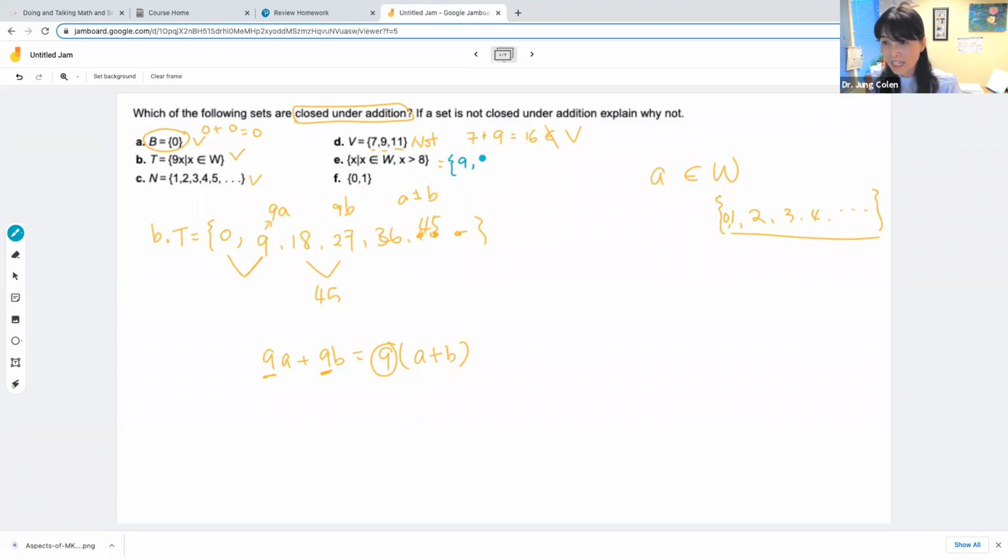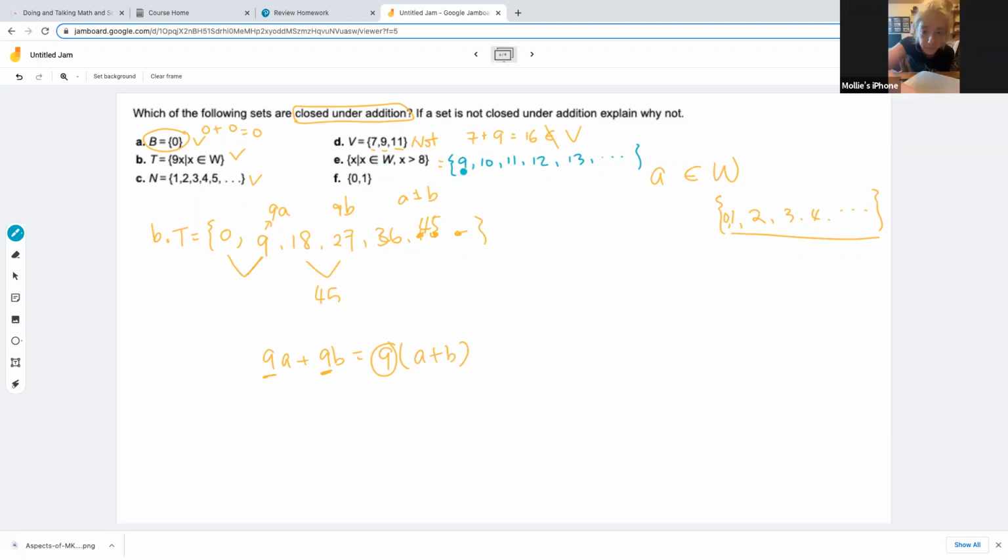So it's going to be 9, 10, 11, 12, 13, and so on, right? So pick any two numbers and see if the sum is greater than 8 and a whole number. 9 and 9, 18. Of course, it is a whole number, and it's greater than 8. Pick any two numbers, when you add them together, it's always greater than 8, right? So it is closed.